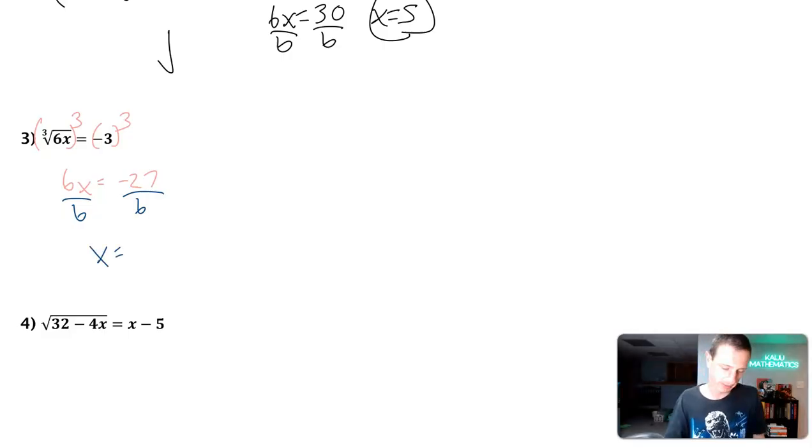X equals negative 27 over 6. So 3 goes into 27, 3 goes into 6, so that's going to be negative 9 over 2. Do a quick check. Yep, 6 times negative 9 over 2 is negative 27, and the cube root of negative 27 is negative 3, so it checks out.